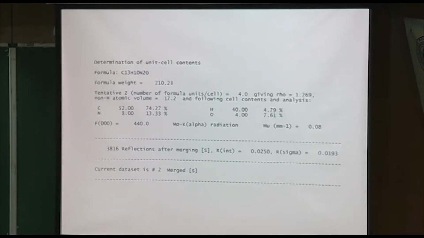And it knows it's molybdenum radiation, and this is the linear absorption coefficient, very small, because it's organic. Then it's going to merge your data according to the Laue symmetry and so on. And when it does that, again, it gets nice low values of R int and R sigma. And so then it's merged, and there you go.